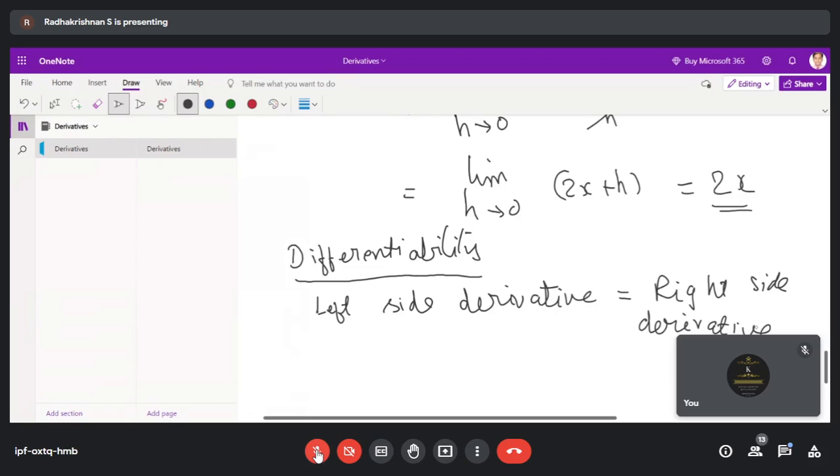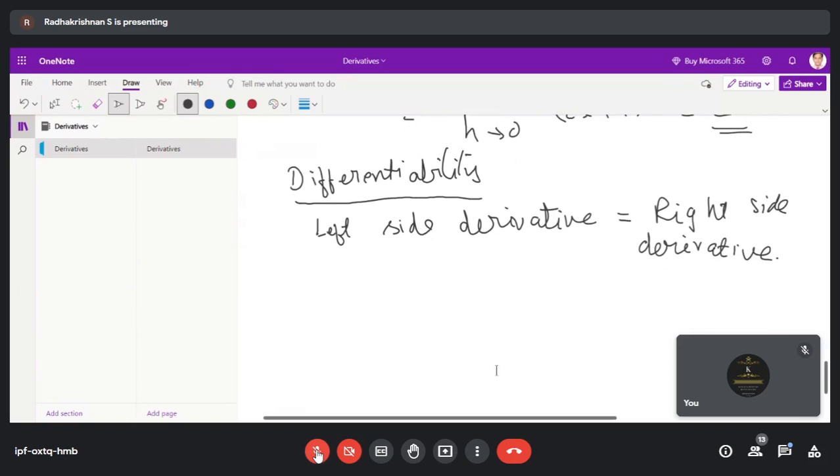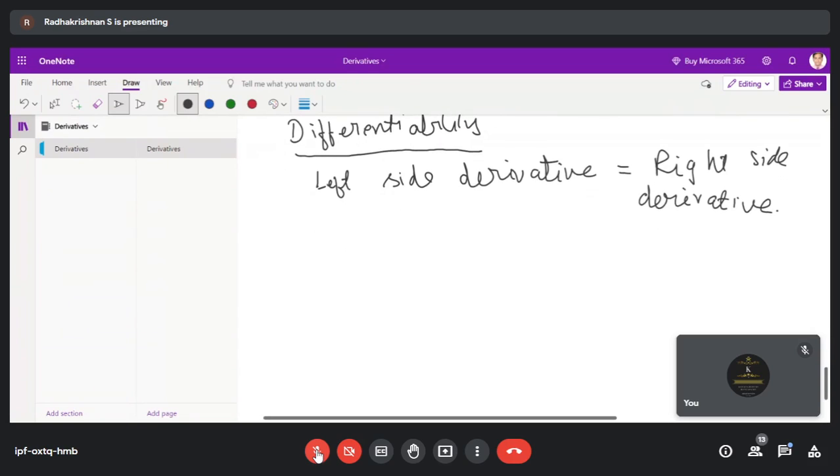This is the rule for differentiability. So we need to know how to find the left side and right side derivatives. Let us do a problem for this.